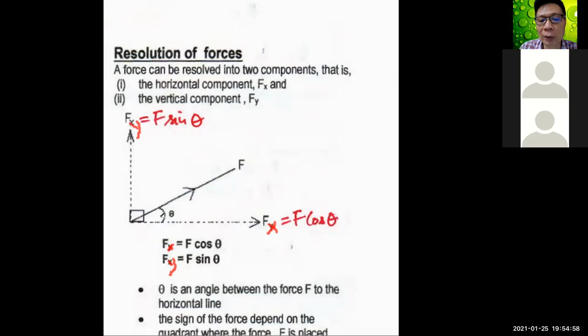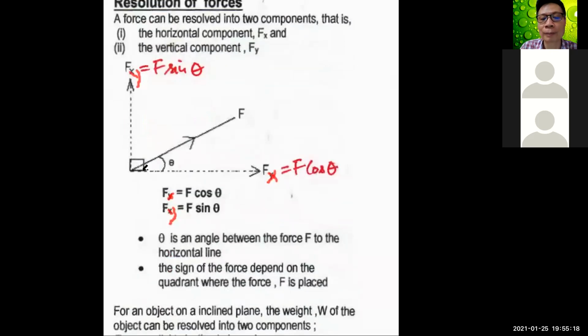When the angle is located here, the component near the angle is cos, F times cos theta. So you get this one. When this is F cos theta, the other one will become F sine theta. It must be the x or y component, no other, must be x and y. The rule is like that.